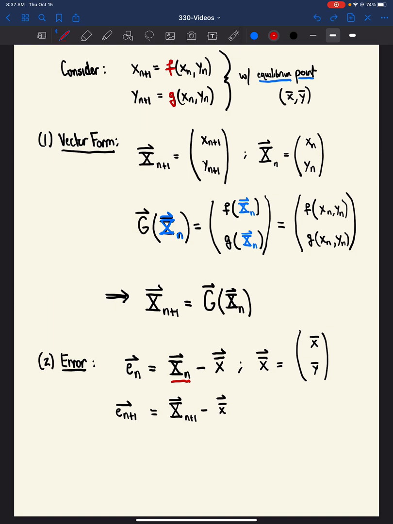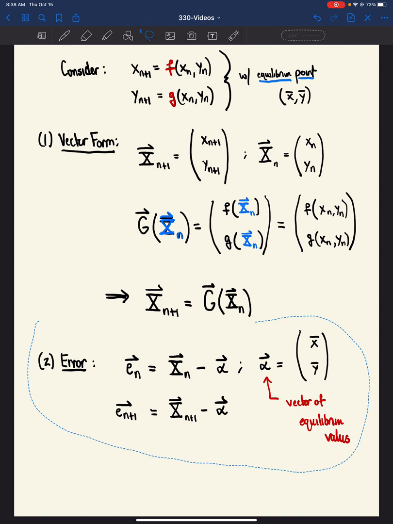And in fact, let's start to just confuse ourselves because we have lots of x's, lots of x bars, things like that. Let's actually start calling those values that we're calling the equilibrium, let's call that actually, say, alpha vector. So at least we have something that looks different now. So again, this is our new vector of equilibrium values. So I'll lasso this and bring this to the next page.